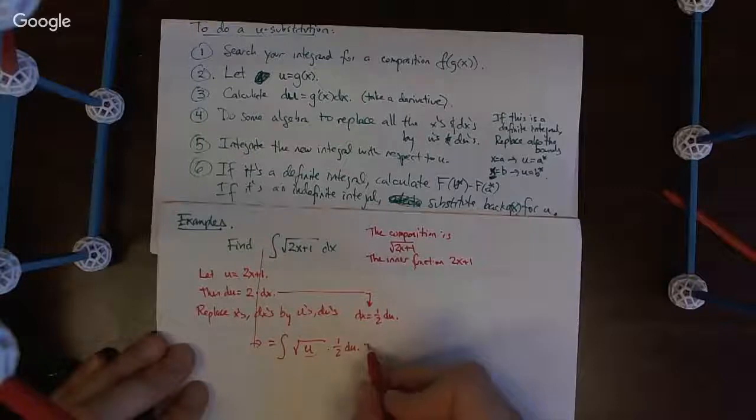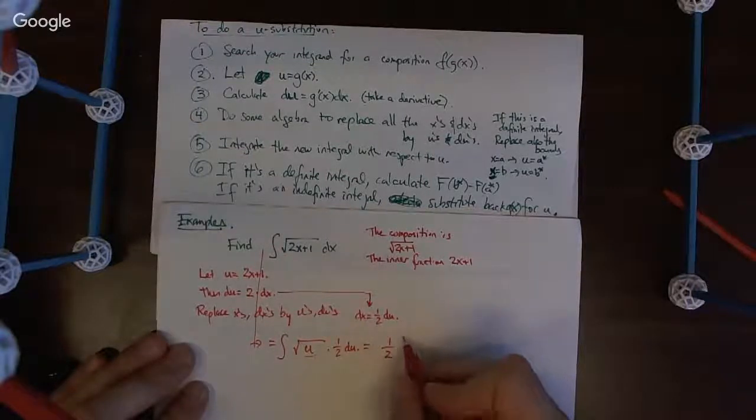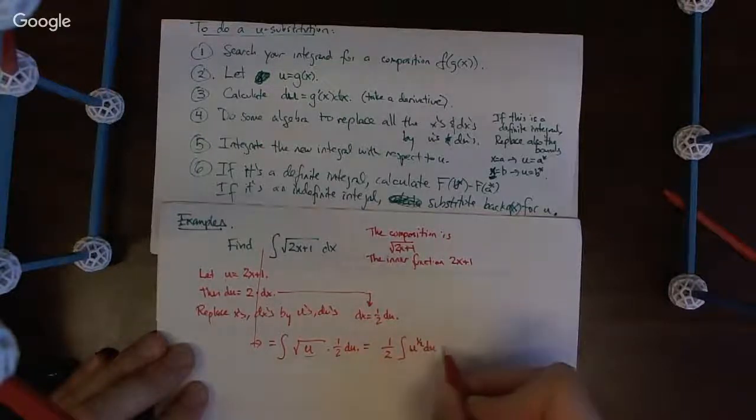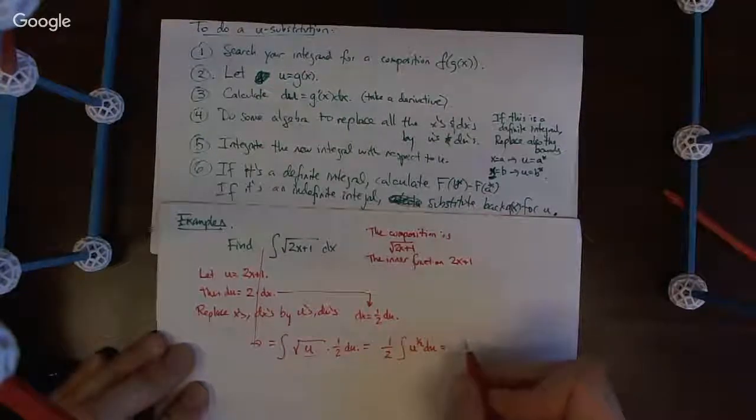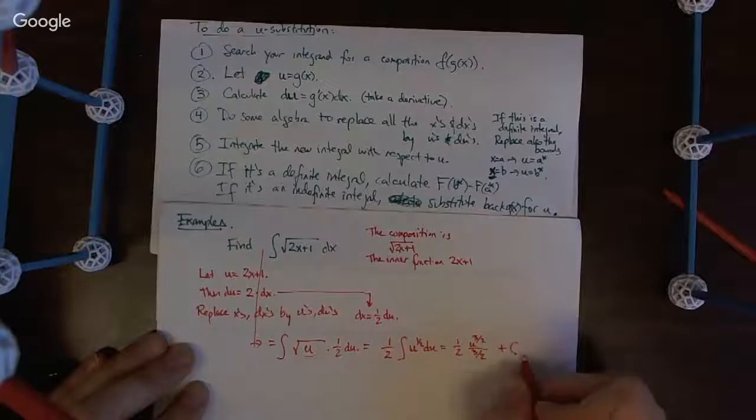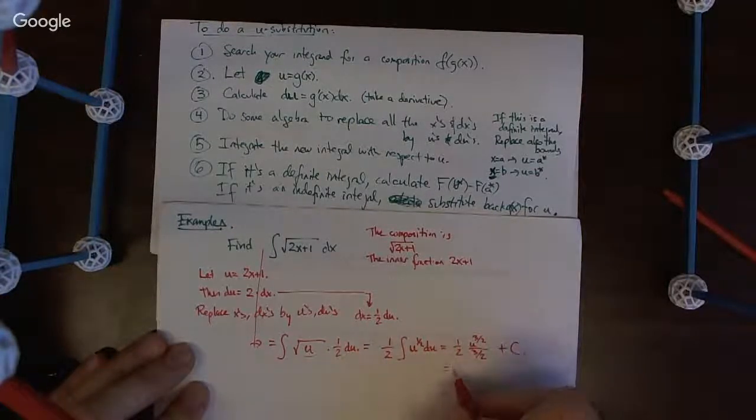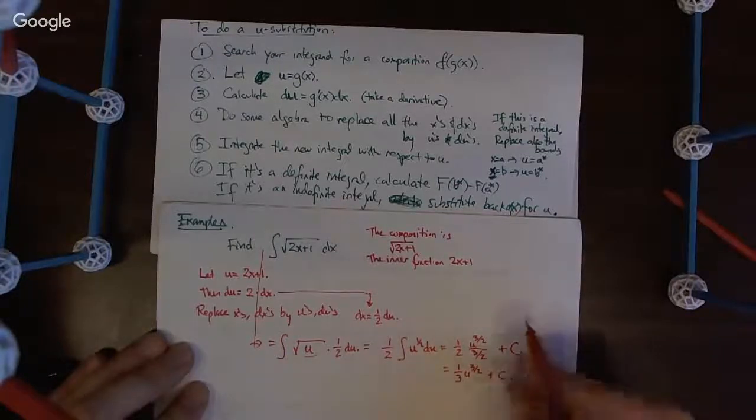So what we have to do is take the integral of 1/2 times the integral of u to the 1/2 du. This is a simple integral that we know how to do. So 1/2 u to the 3/2 over 3/2 plus c. Let's simplify this a little bit. This is 1/3 u to the 3/2 plus c.